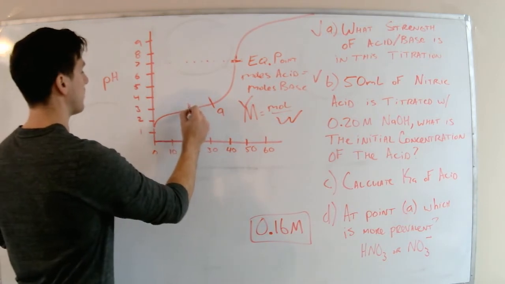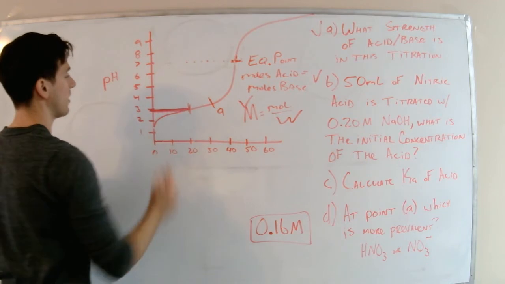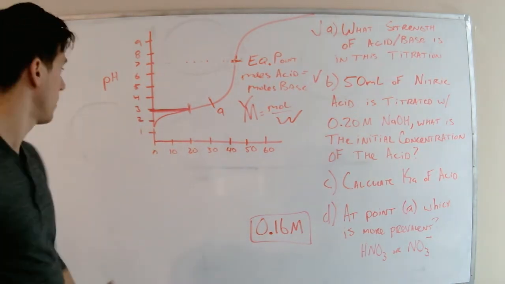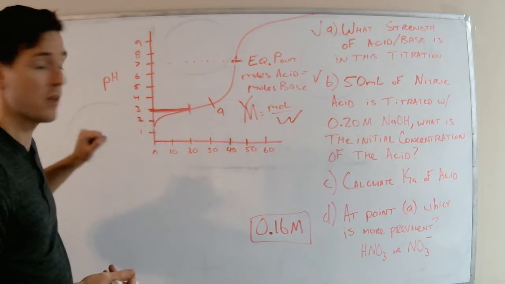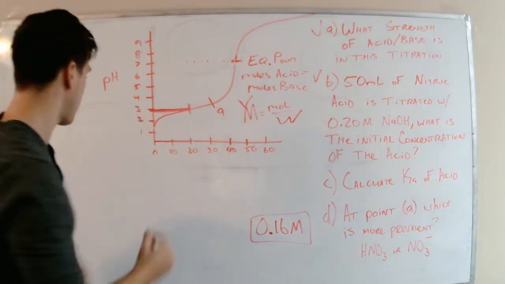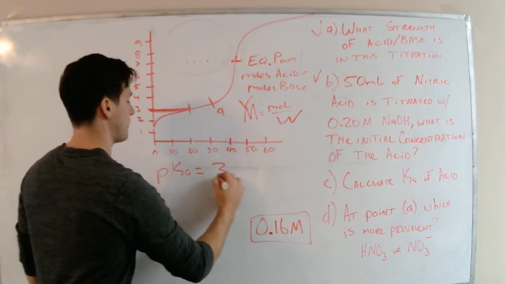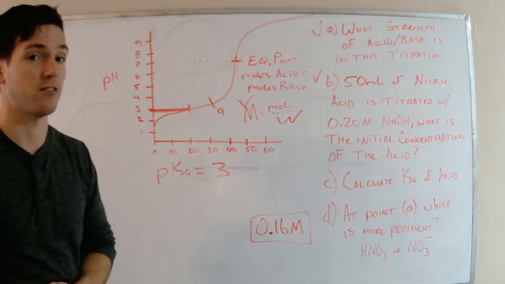I'm going to bring that line straight over to figure out what the pH or the pKa is. Well, at the half equivalence point, the pH equals the pKa. The pH is 3, so that must mean that my pKa equals 3. Okay, so the pKa of that acid was 3.